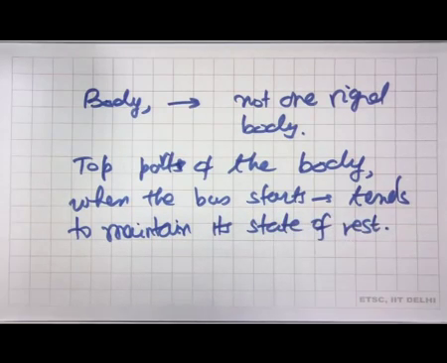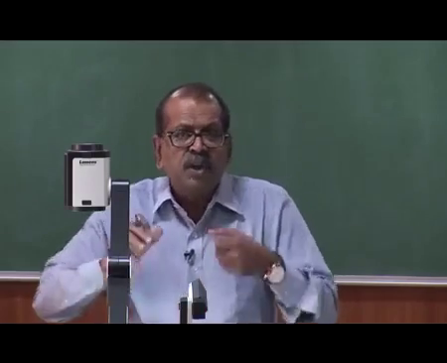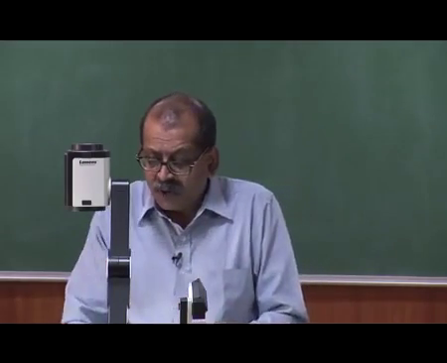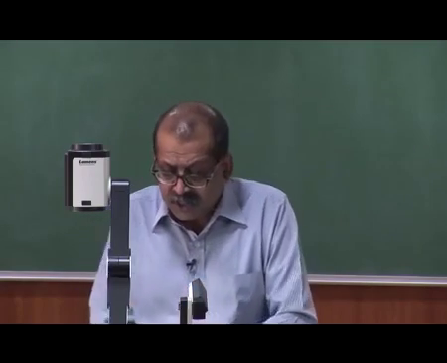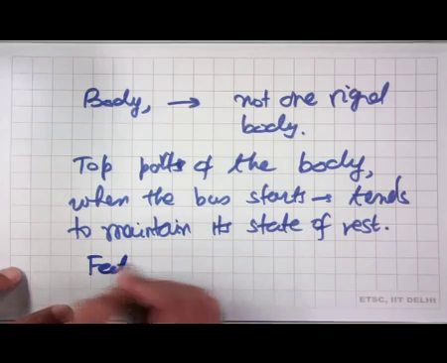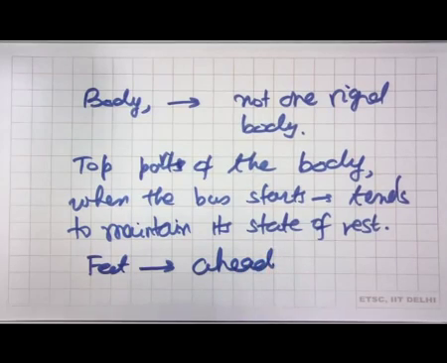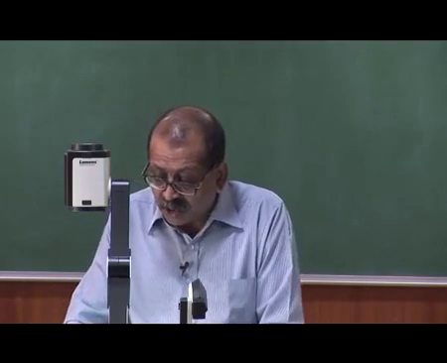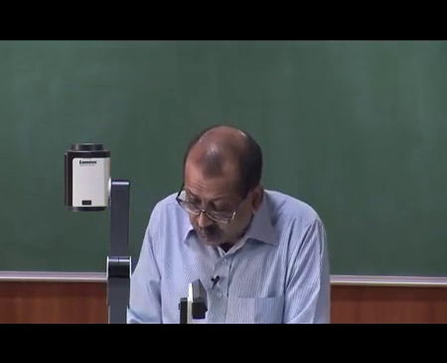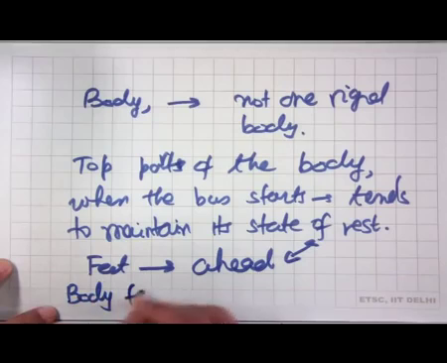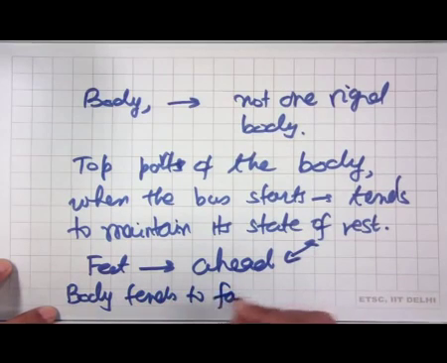So, while it is connected to the feet, it is not in contact with the ground. Therefore, it tends to maintain its state of rest, whereas the feet move ahead. This is the case when the bus is starting to move: the feet move ahead, the body tends to maintain its state of rest, and so therefore, the body tends to fall backwards.